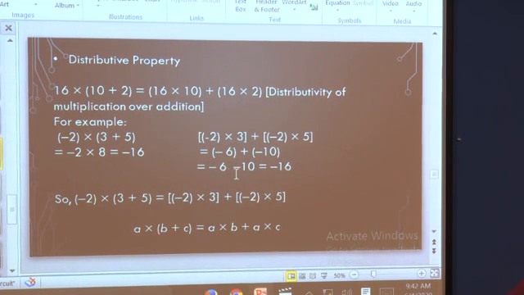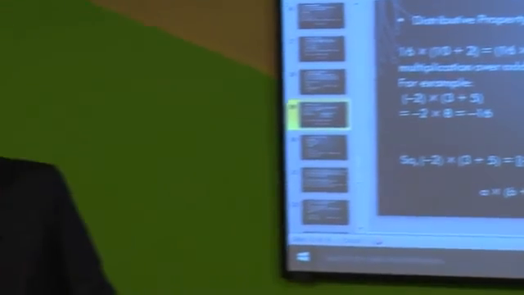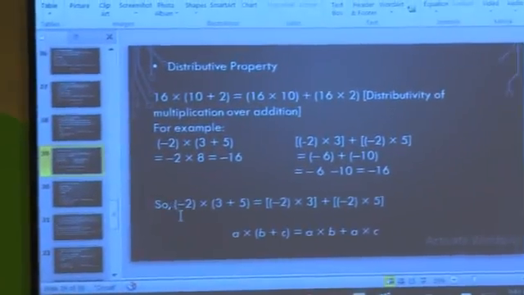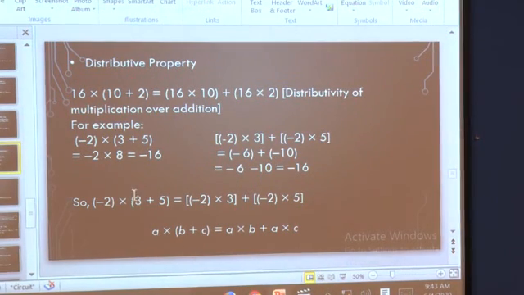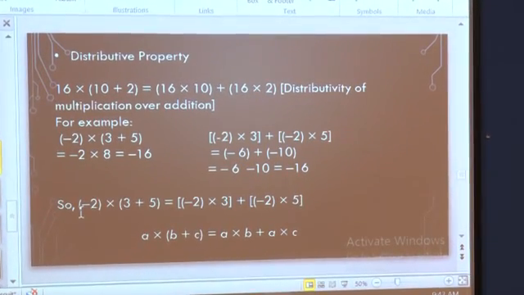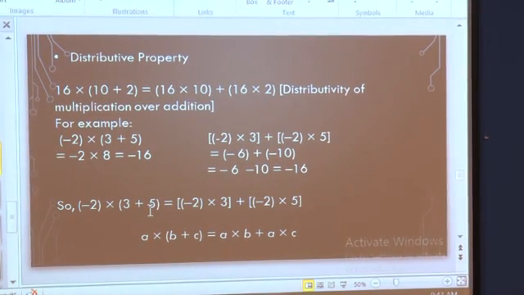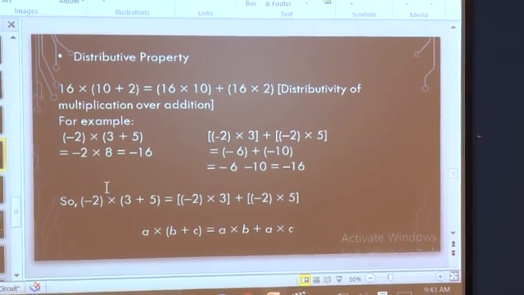So minus 6 minus 10: you know very well, when it is two negative integers, we have to add them and write a negative sign. So 10 plus 6 is 16 and it is a minus, so we write minus 16. So we can say that -2 is multiplied to 3 and -2 is multiplied to 5. This is nothing but the distributive property.